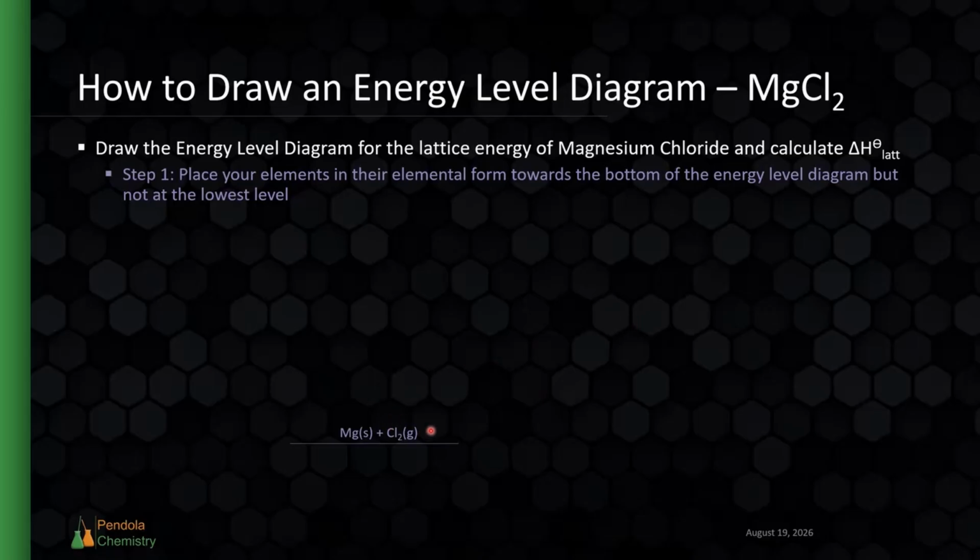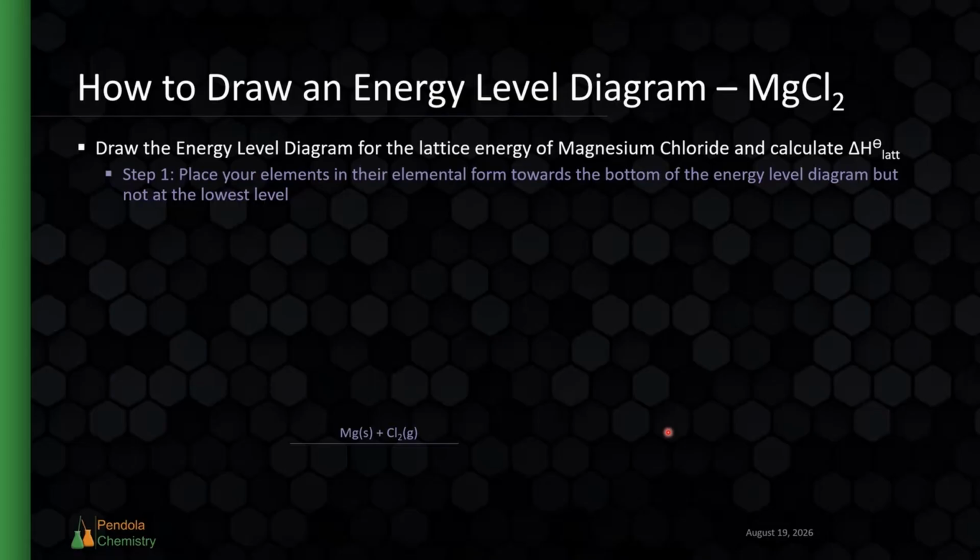Because remember, if it's endothermic, we have to go up. If it's exothermic, we have to go down. So if you place this too high, you won't have enough place to go up. And if we place it too low, you won't have enough space for anything that is exothermic. So we're going to place our elements in their elemental form with a line on them towards the bottom of the energy level diagram, but not at the lowest level.